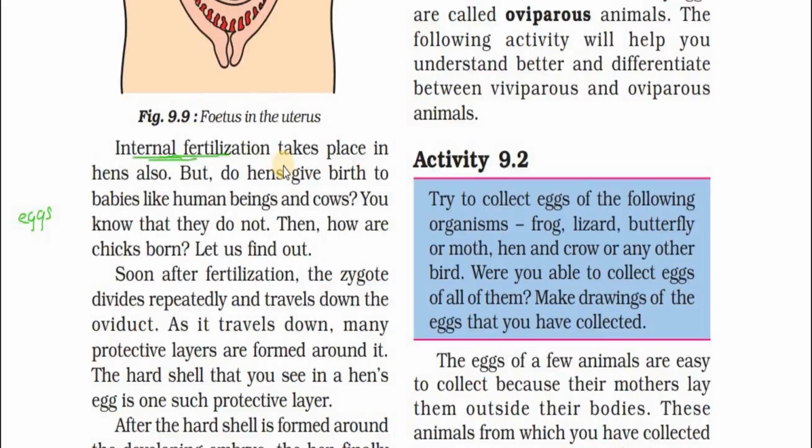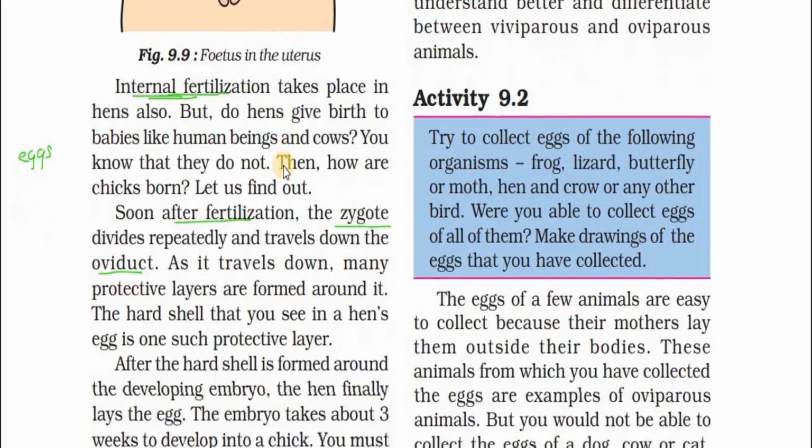Now, soon after fertilization, the zygote repeatedly divides. So after fertilization, the zygote divides and travels down the oviduct. As it travels down, many protective layers are formed around it. The hard shell that you see in a hen's egg is one such protective layer.